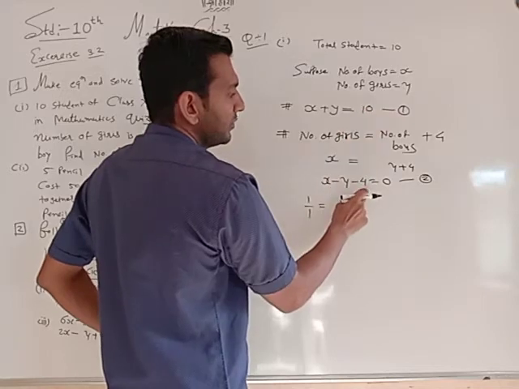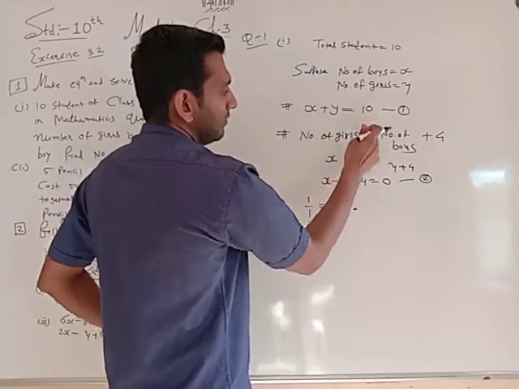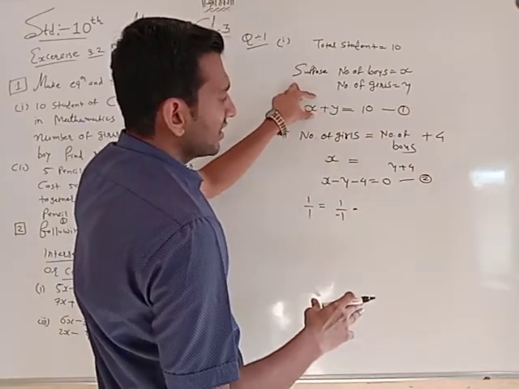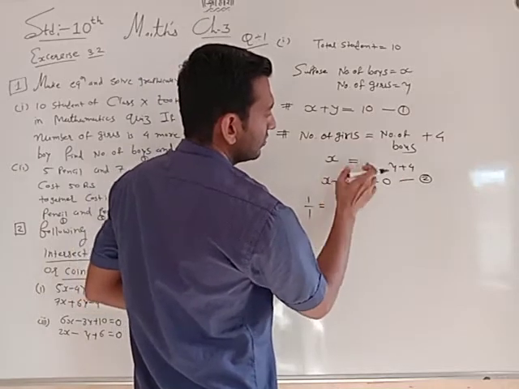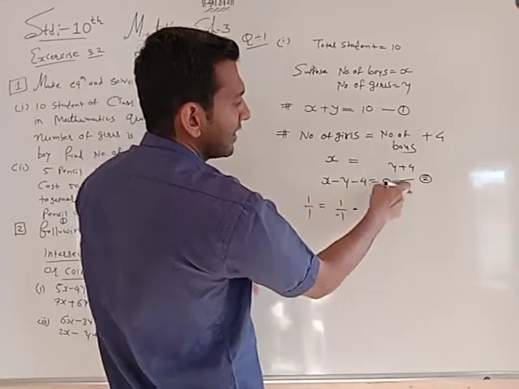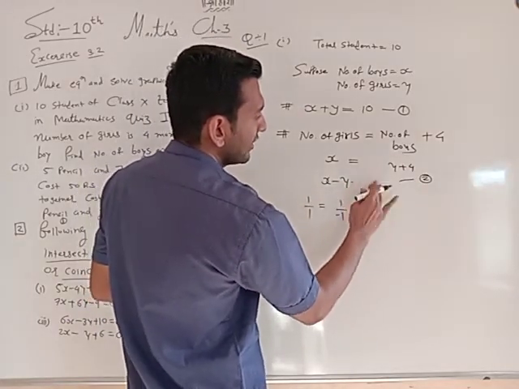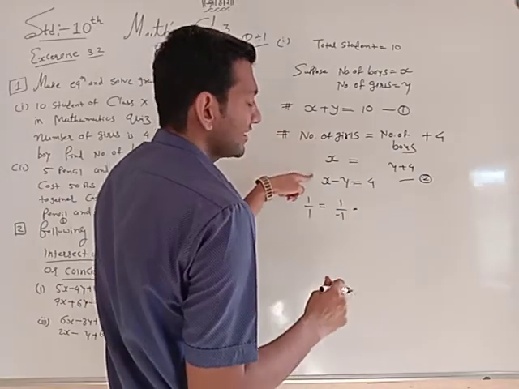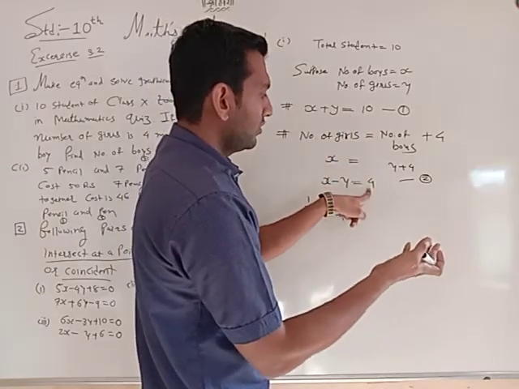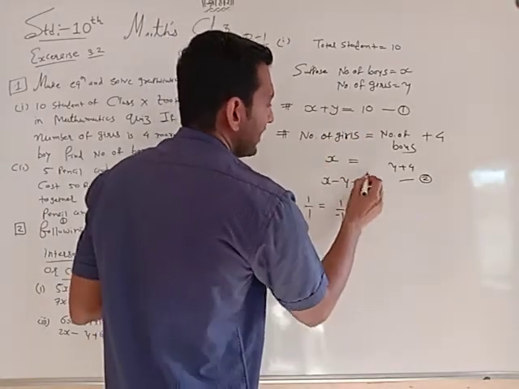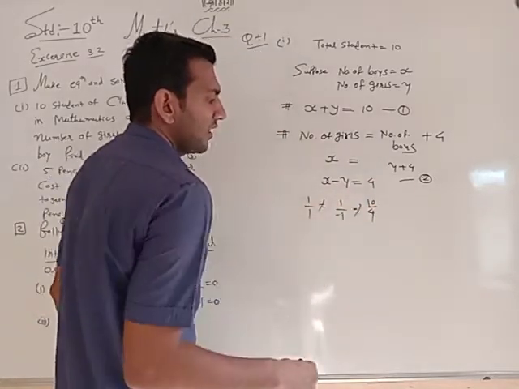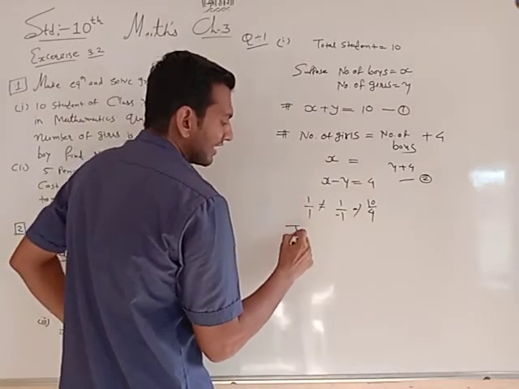Both equations should be in the general form, so minus 4 goes to the right side and becomes positive, so the equation is equal to 4. Both the equations are now identical in form. Then you can find the ratios 10/4, and all the ratios are not equal, which means intersecting lines.